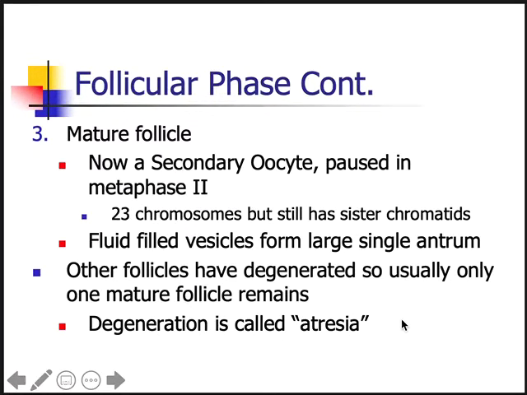Now, occasionally, and for some people more often than others, you could have 2 or even 3 follicles remain as mature follicles, and that is how you would end up with the possibility of having twins or triplets that are not identical.